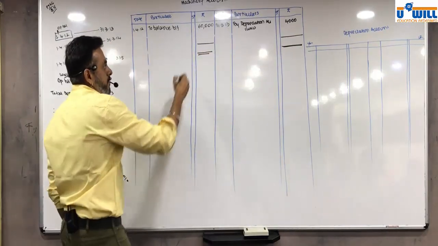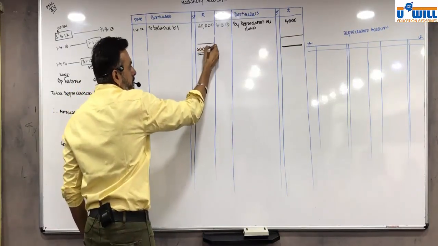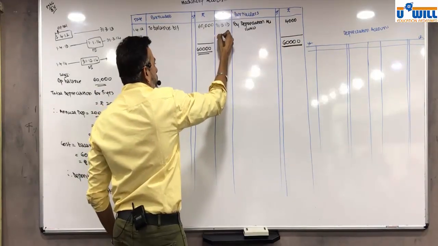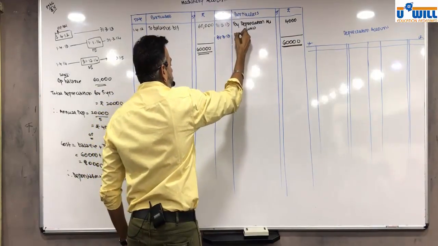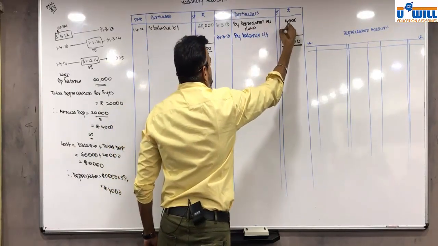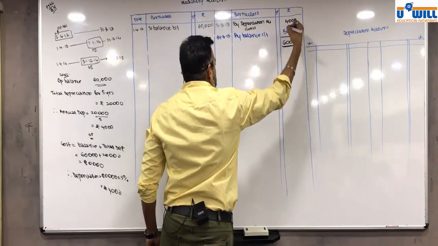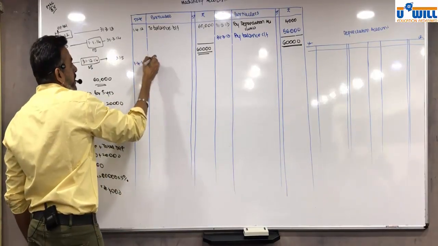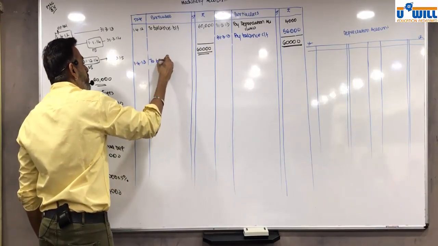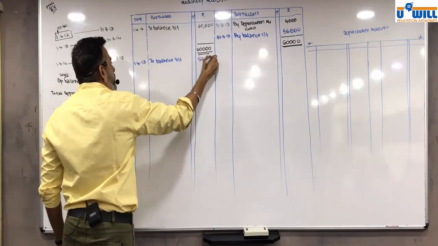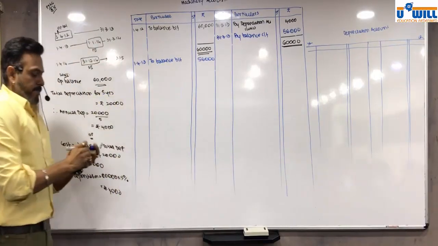Close it. 60,000, again 60,000. 31/3/2013, by balance carried forward, amount is 56,000. 1/4/2013, to balance brought forward, 56,000.